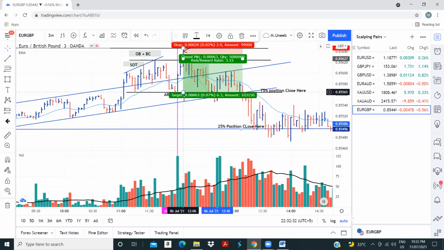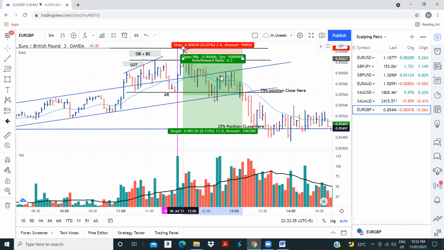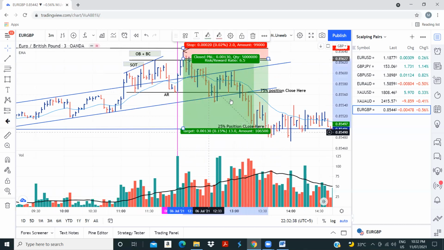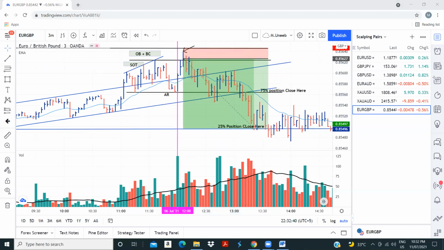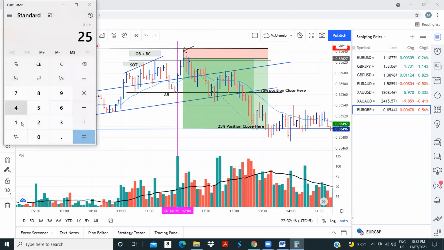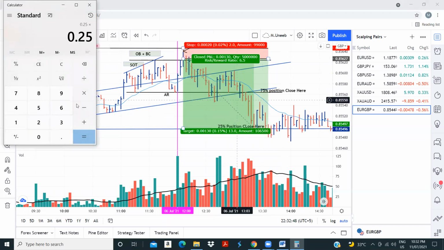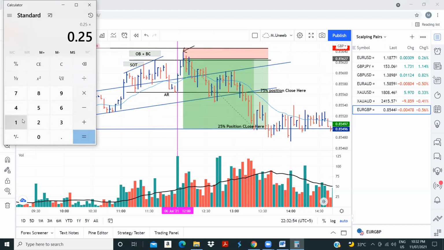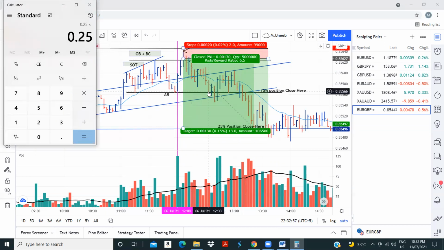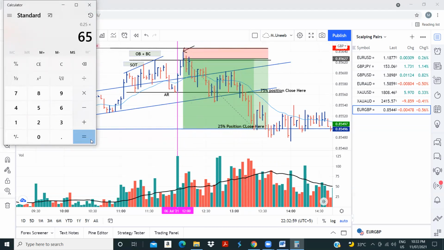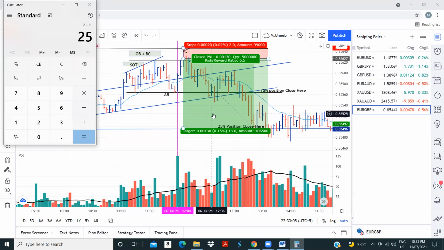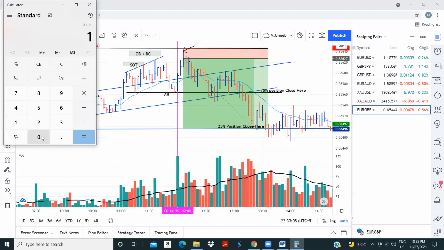Okay, so let's see how much we make at this point. This one is 6.5. So 25 on the calculator: 25 divided by 100 multiplied by 6.